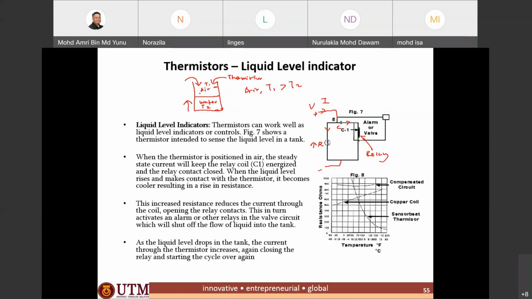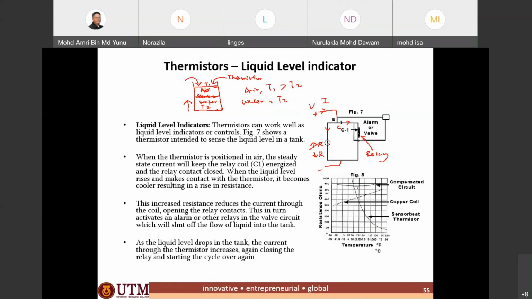But when the water rises and reaches the level of the thermistor, the temperature of the thermistor will be T2, thus changing the resistance.